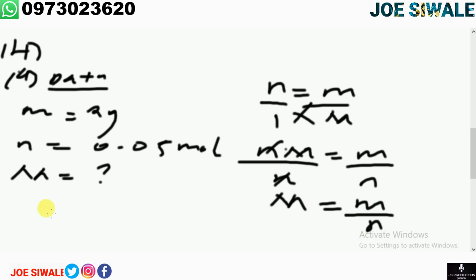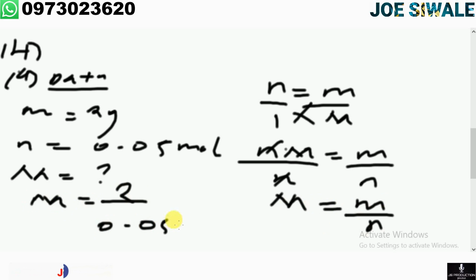So molar mass is equal to mass, I know that that's 2, divided by the number of moles, that's 0.05. So 2 divided by 0.05, that's 40 gram per mole. So that's my first answer.